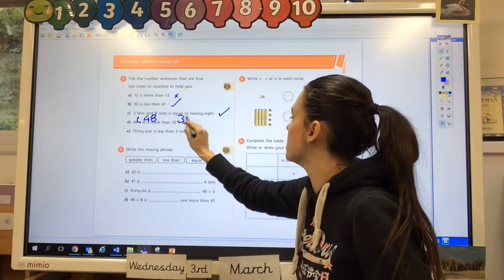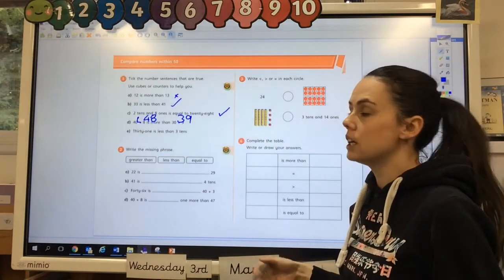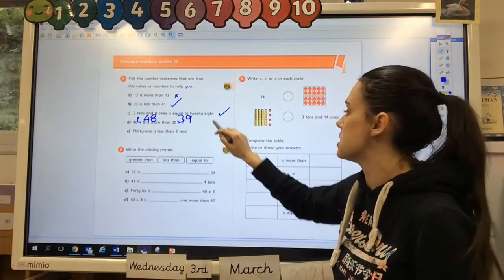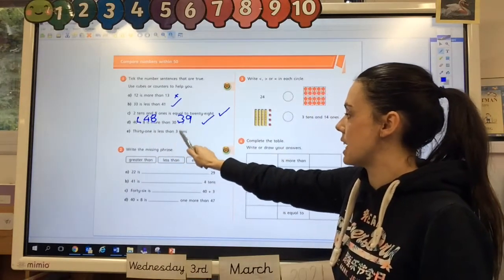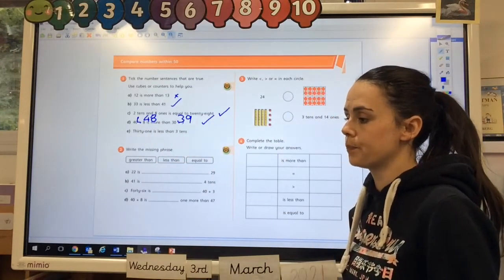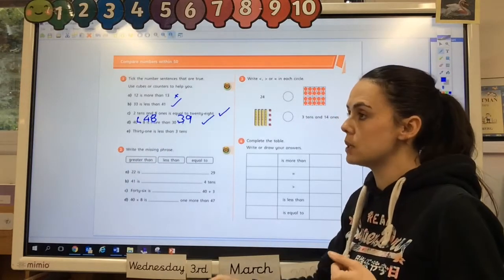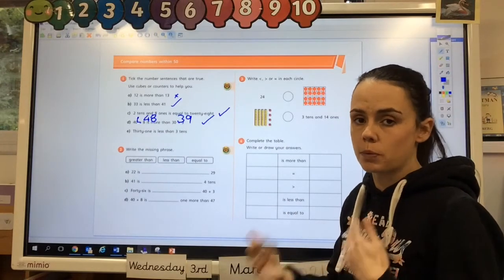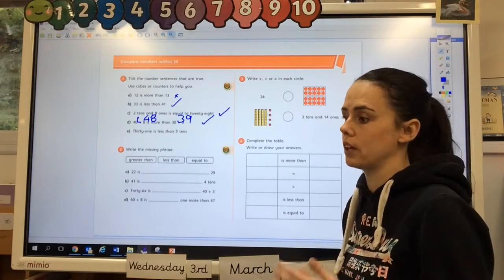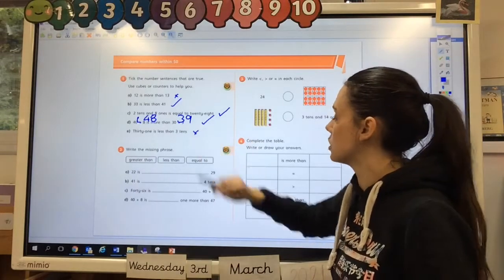So this is 39. 48 is more than 39. Is that true? Yes, it is. Done. And then 31 is less than 3 tens. What's 3 tens? 30. So 31 is less than 30. No, that's not true. It's the other way around, isn't it? 31 is more than 30 because it's just one more. So that's not right either, so we can cross that one.